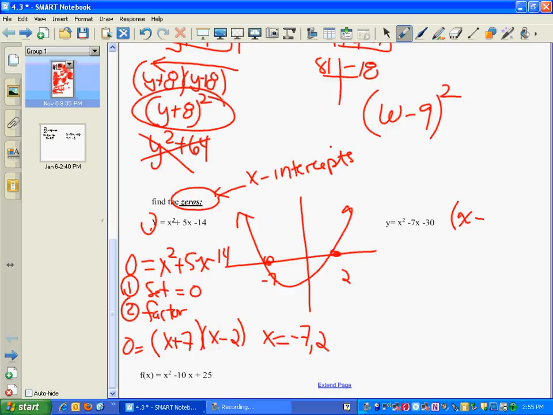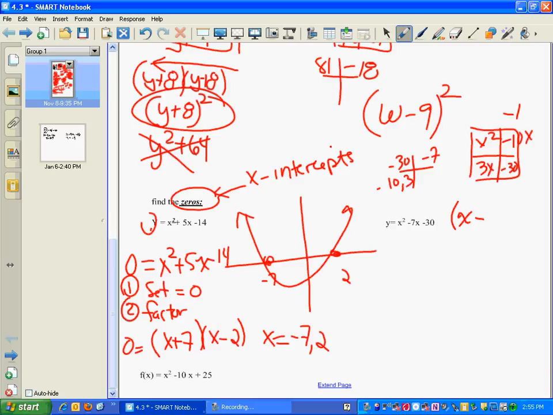Here the factors are x minus what? What are your factors of negative 30 that give you negative 7? X squared and negative 30. Factors of negative 30 that give me negative 7. So we might say negative 10 and 3. Negative 10x and 3x.